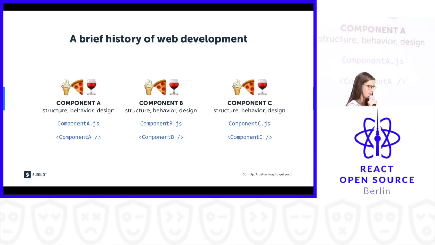So what we really like about React is the fact that it encapsulates structure, behavior, and design all together. And this is exactly what you want when you have a design system, because it's not just about how it looks, but also about how it works. And I should also add here that we tried a CSS-only design system type thing.